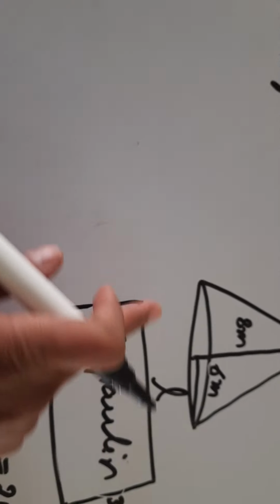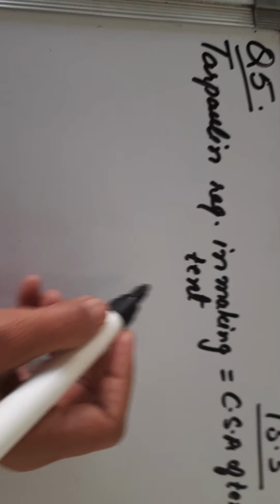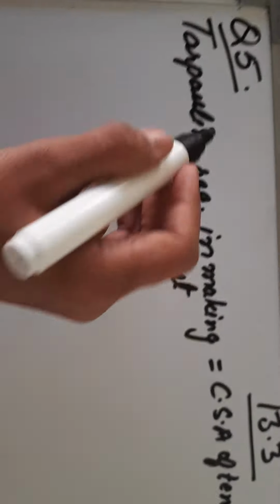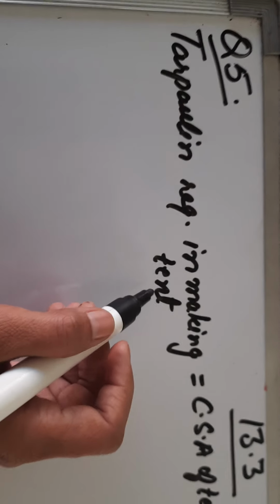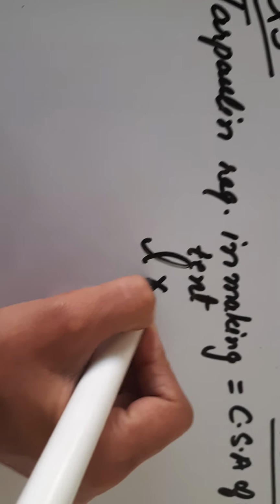Now, but the tarpaulin is in rectangular form and the tent is in conical form, so we will put the formula according to the shape of the fabric and the tent. As the tarpaulin is in rectangular form, so what is the area of the rectangle? Length into breadth.